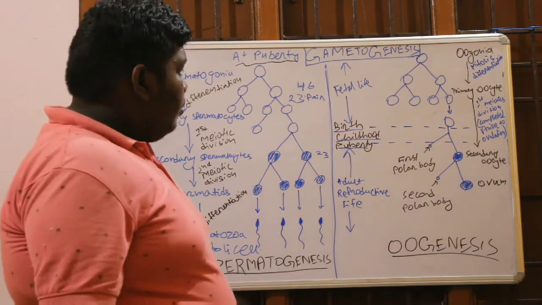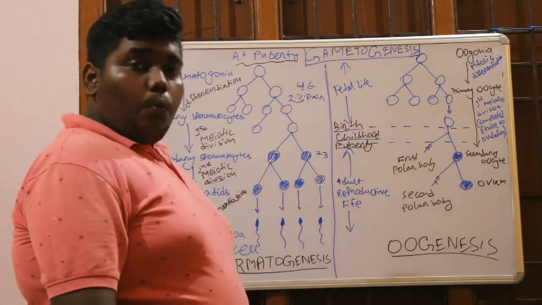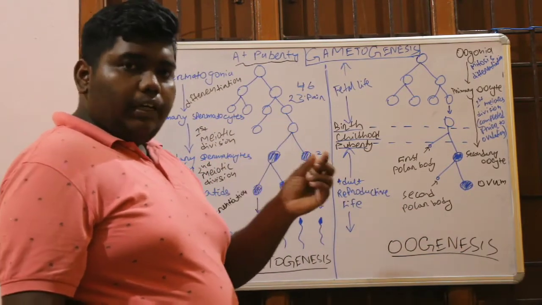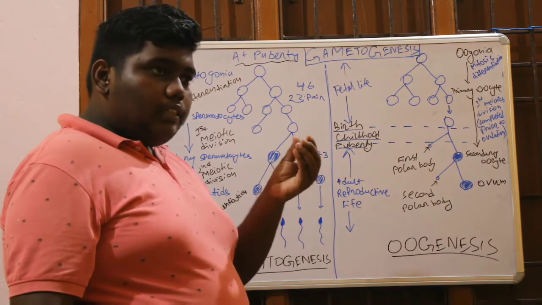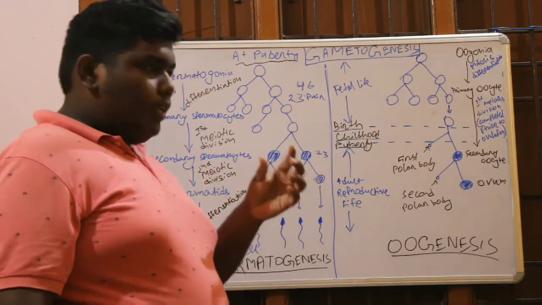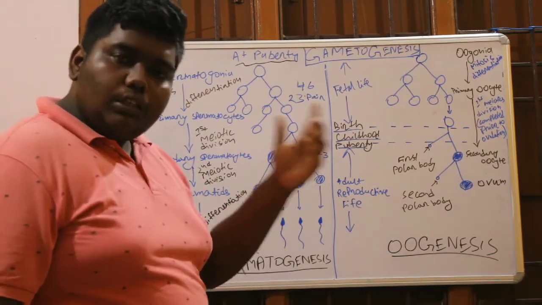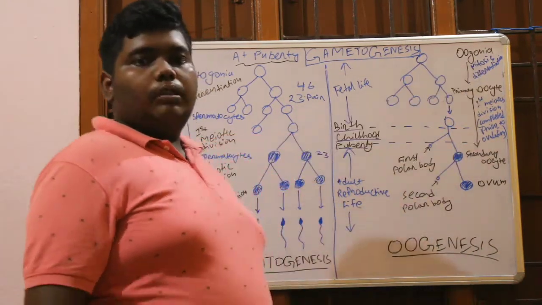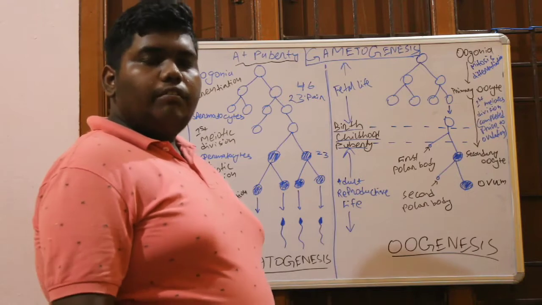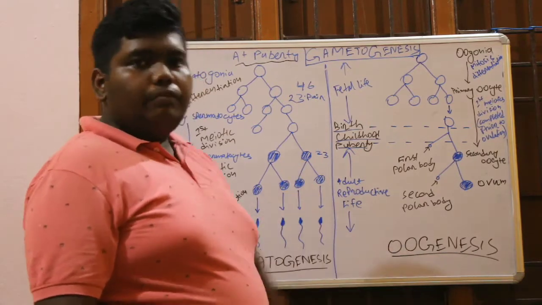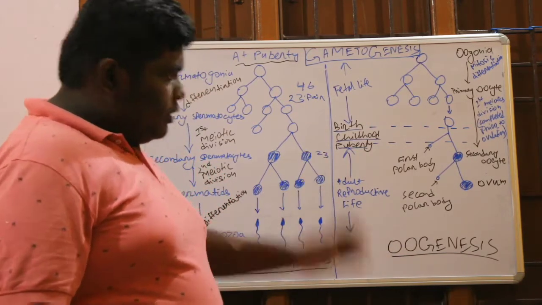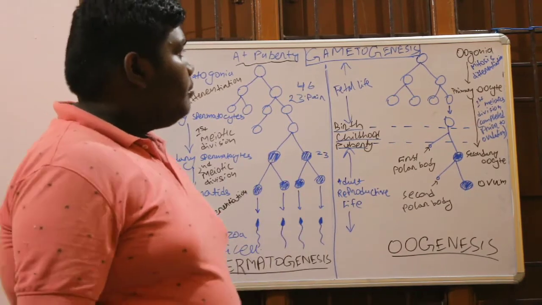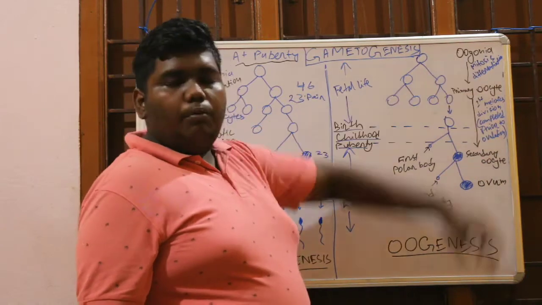Before birth, when the ovary is developed in the mother's womb, the oogonia are formed. How these are formed, we will read just after this, when we read about the detailed structure of the ovary.